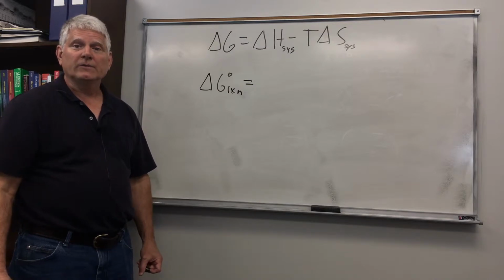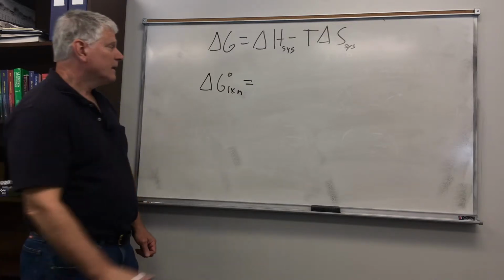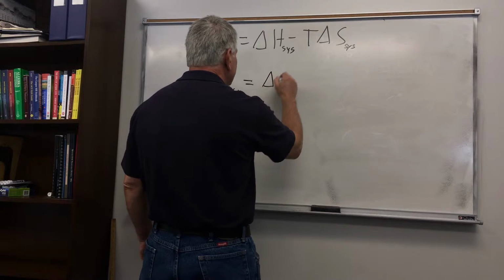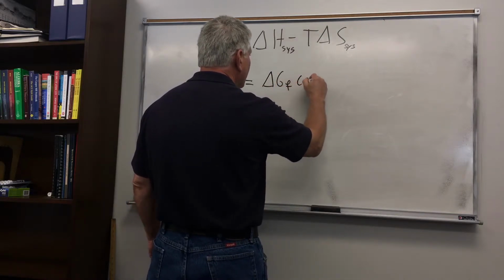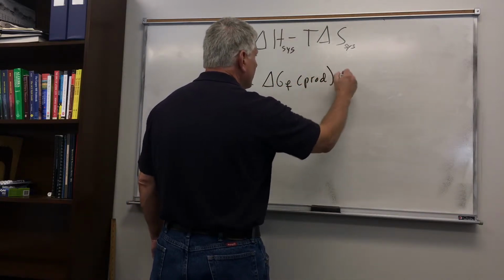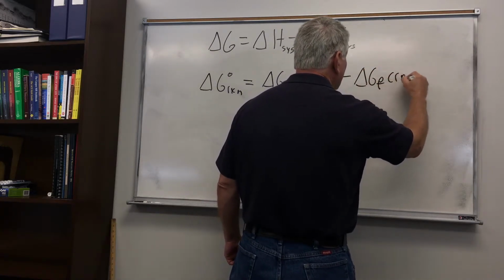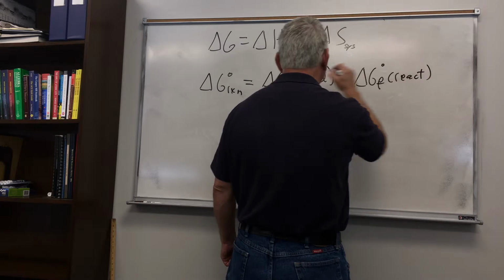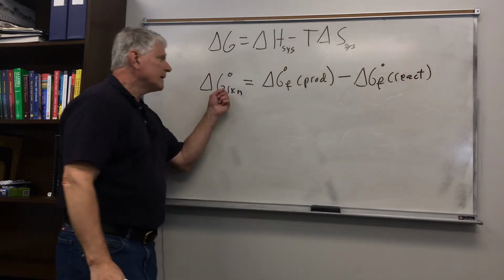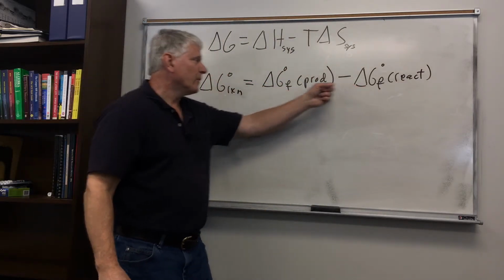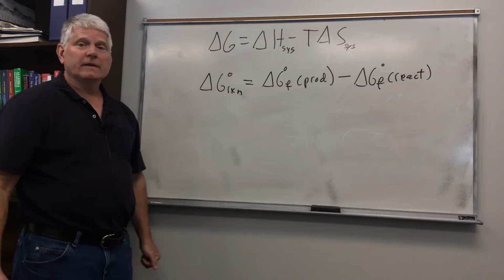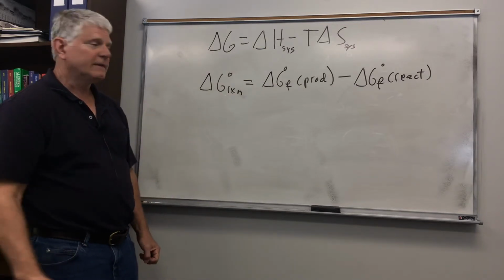what we did with delta H formation, and we can use delta G formation of the products minus delta G formation of all the reactants. And therefore, we can use the delta G formations to find delta G reactions. So let's do an example.